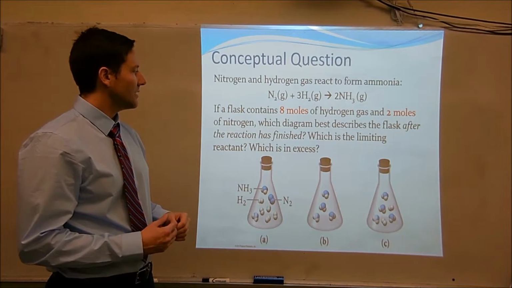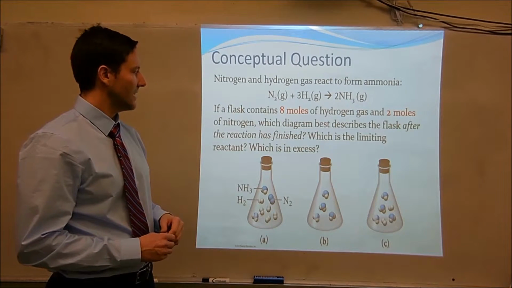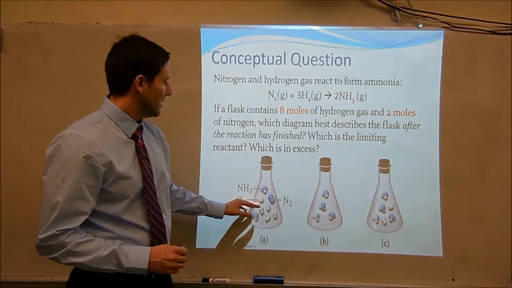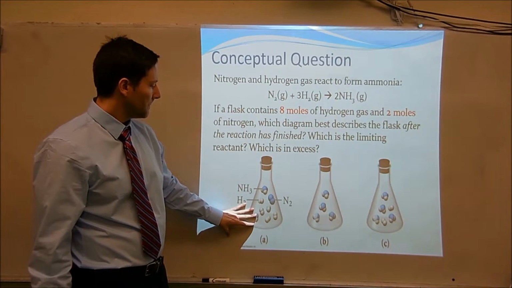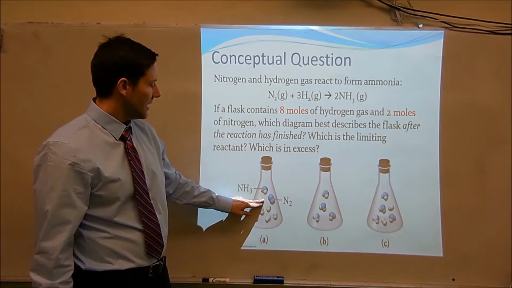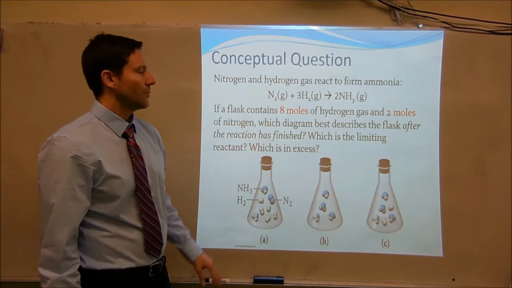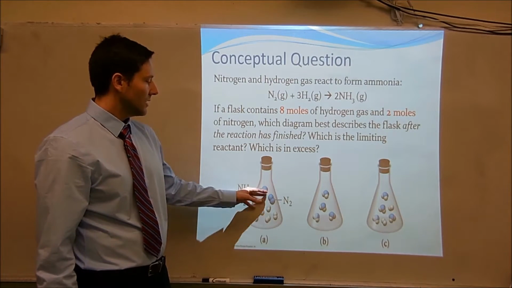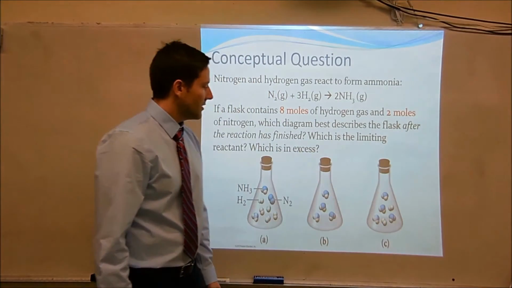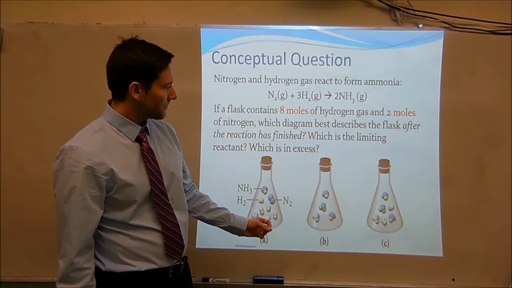What is the limiting reactant and what is in excess? Well, you look at these 3 flasks, and this first one, A, you have some unreacted nitrogen, some unreacted hydrogen. This tells you that the reaction hasn't finished. So you can cross that off your list. There's 2 other flasks here to consider, B and C.